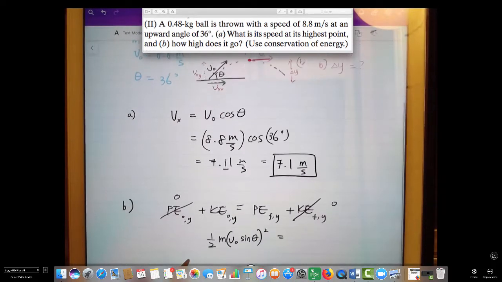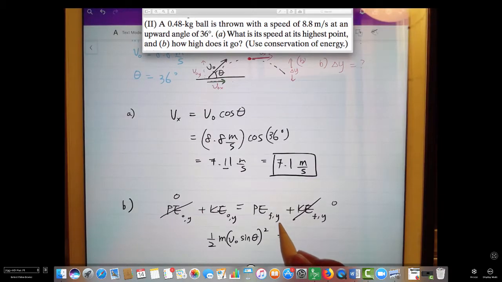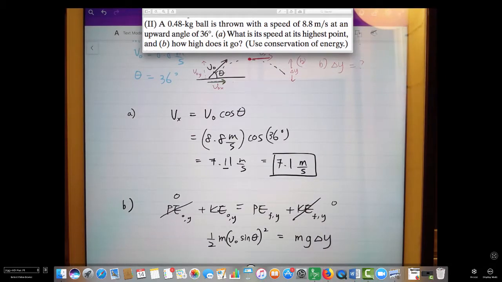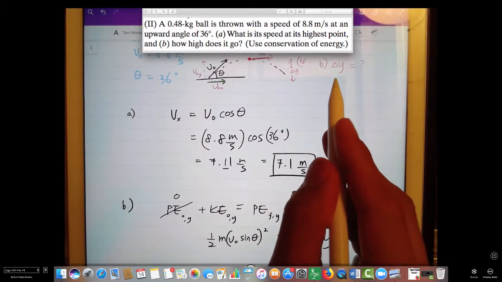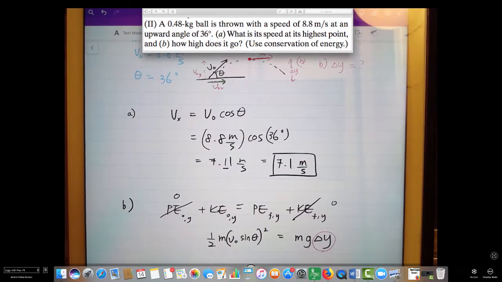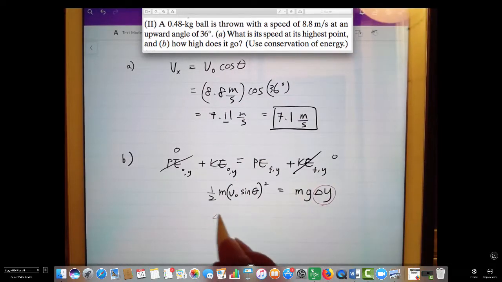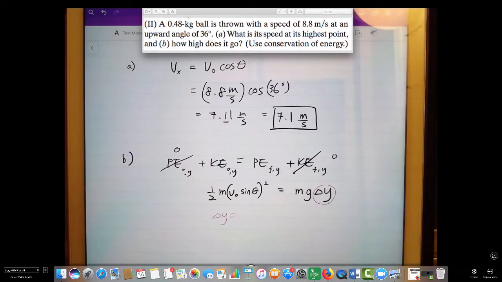And the potential energy in the y direction at the top becomes mg and let's say delta y. The goal was delta y, so I'm going to circle that and then just rearrange the equation so that the delta y is found on the left side of the equation and the rest should be on the right side.